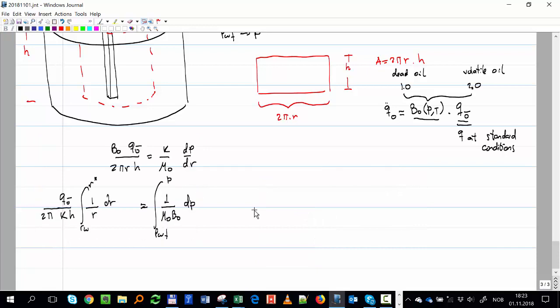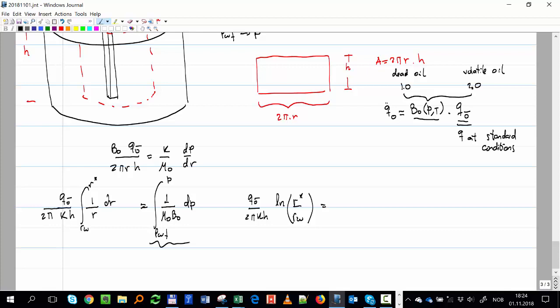So those of you who are taking classes with Kalashnikov, what does it give? This expression, ln of r over r_w. Then I have Qo over 2 pi kh. This integral, if you have a fluid that, let's say, is ideal, okay? No, it's not real oil.